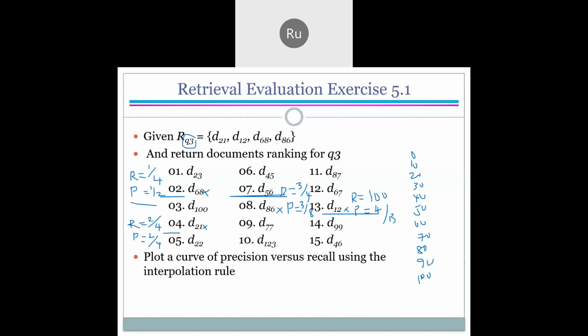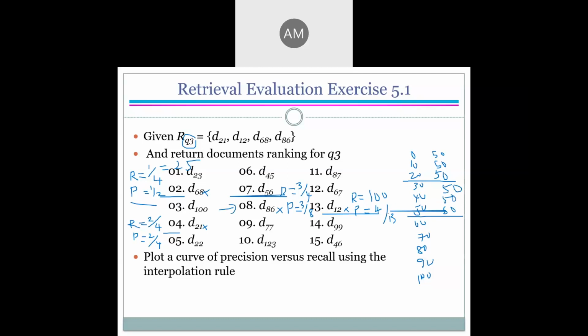So this is what? 25%, right? So the recall at this stage will be 50%. For this one, the recall is also 50%, and 50% as well.